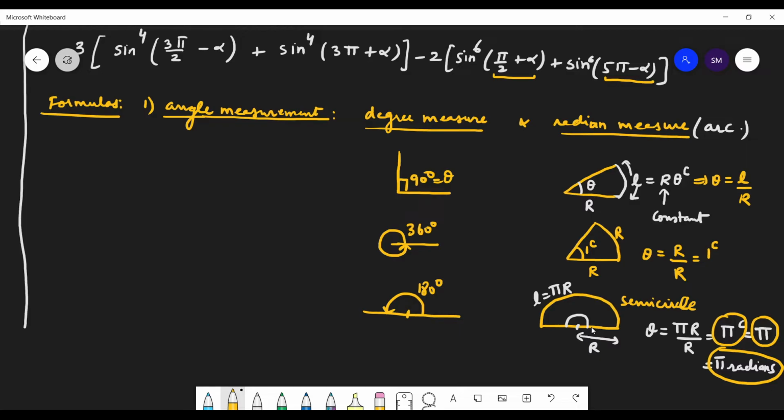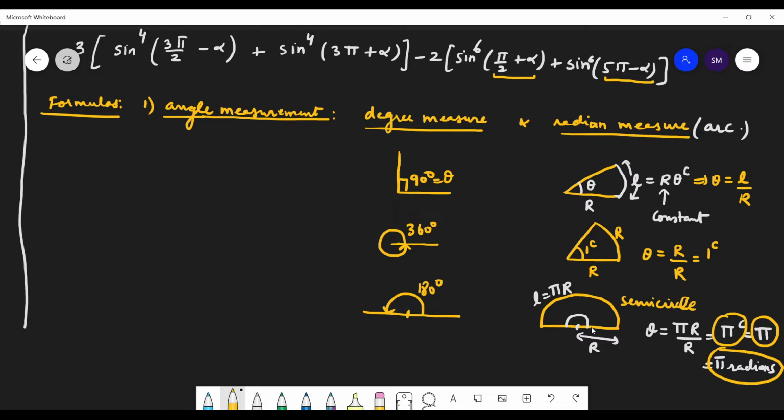Okay, now this was the first formula. Now the second concept. We know that one complete revolution is 360 degrees. Let me divide this 360 into 4 quadrants. This angle is 90 degrees, so this is positive 90.